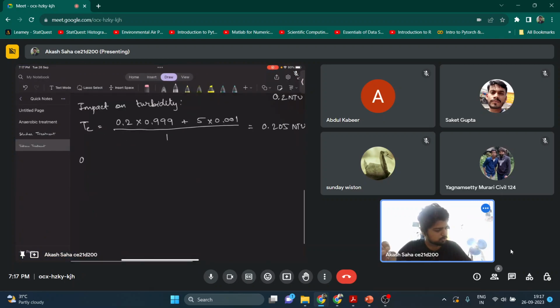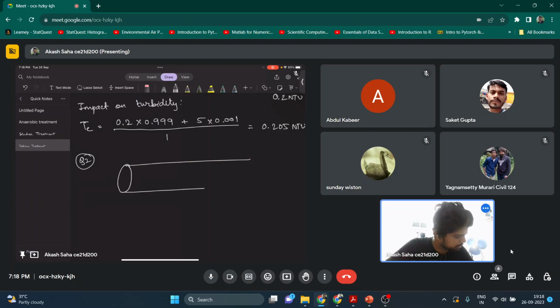Okay. So now question number two. Suppose this is my membrane. Okay. So it has some thickness.